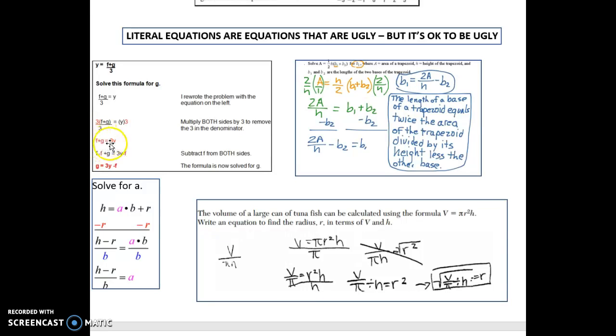So we're left with f plus g equals 3y. Then if we still want g by itself, we subtract the f. Notice the answer is ugly, but there's not much more that we can do about that.